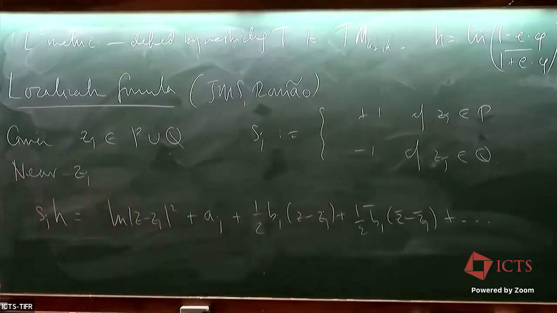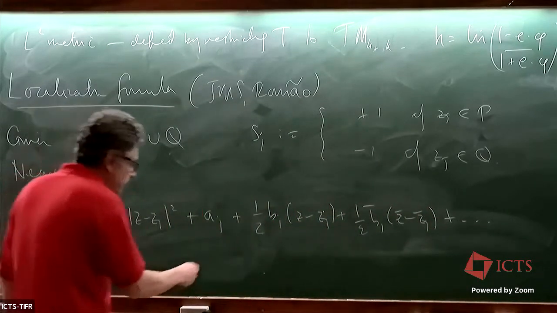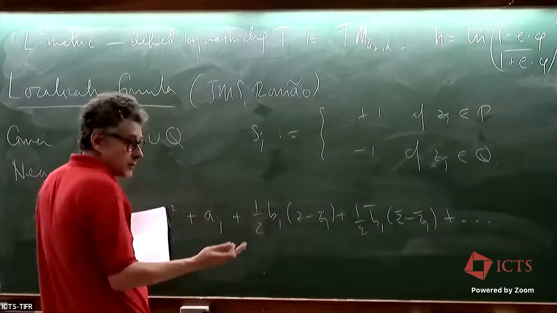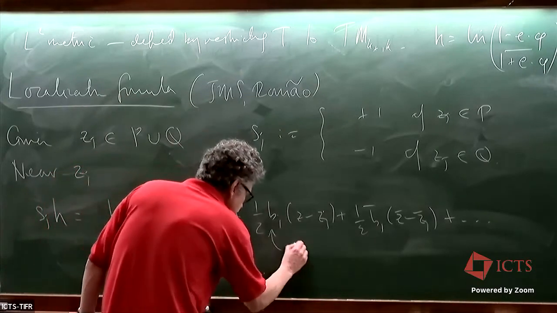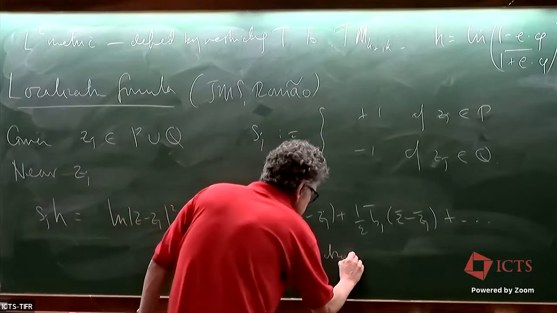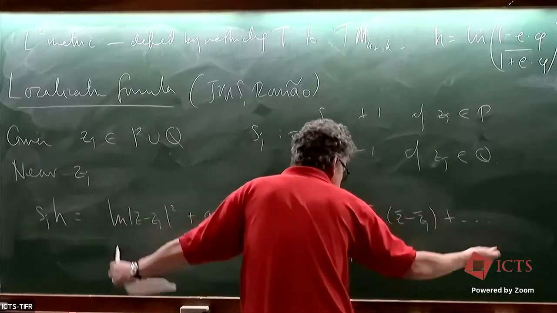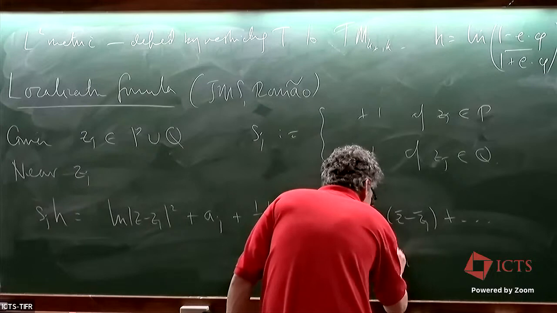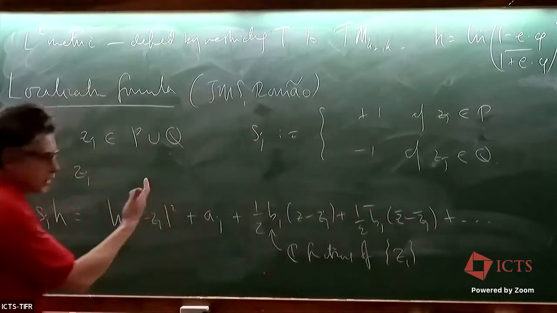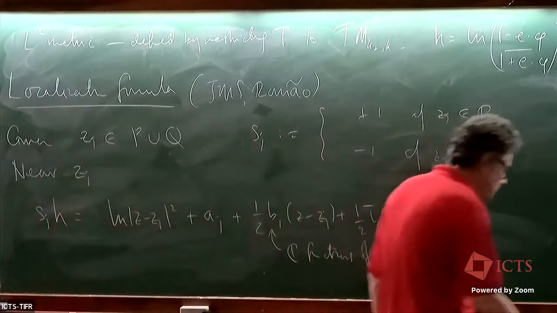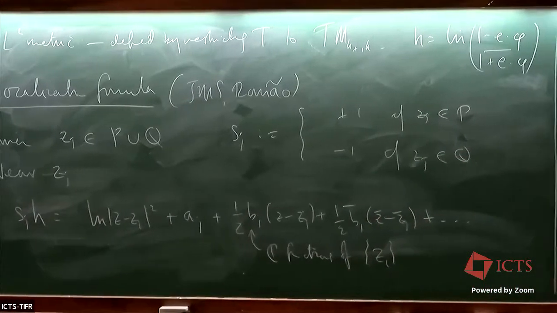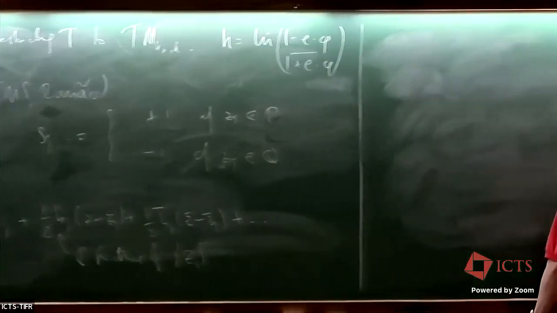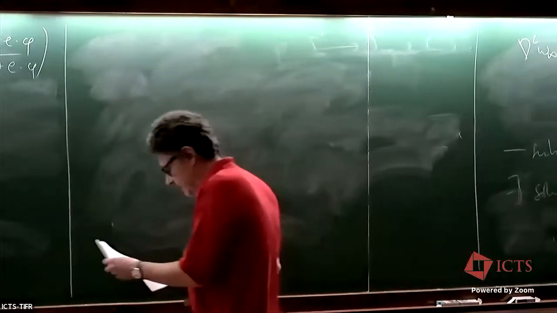Okay, so in this way, we can extract from this solution, if only we knew it. Of course, we don't. But if we did know it, we could extract these functions here. So these are complex functions of all of the vortex positions. Okay, so all the points in both P and Q. Having extracted those functions, which depend on all those positions, I can again construct a 1-0 form.